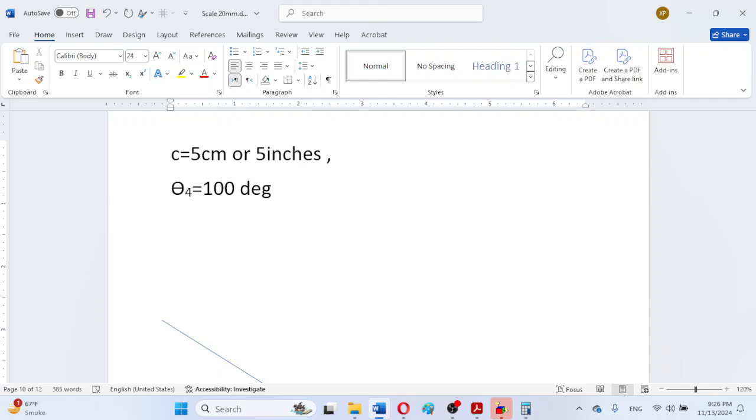For example, the coupler link is denoted by the scalar length B. So B can be assumed any value, or we can draw a random radius. For example, I can say that B is equal to 10 centimeter, just assumed.